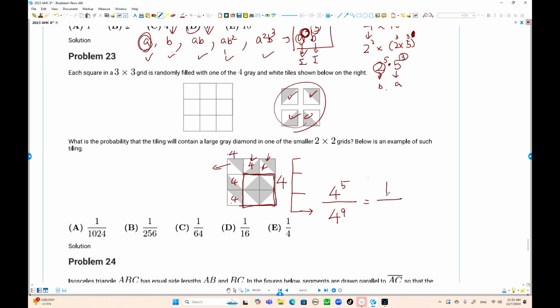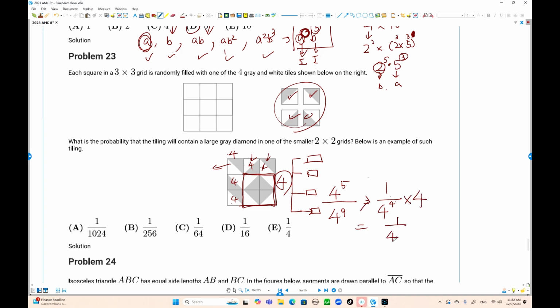Now look over here. 1 to the what? 4 to the what? Fifth power, right? Fourth power. But each one has the same probability. This is 1 over 4 to the fourth, times 4 over here, that's going to be the answer, right?